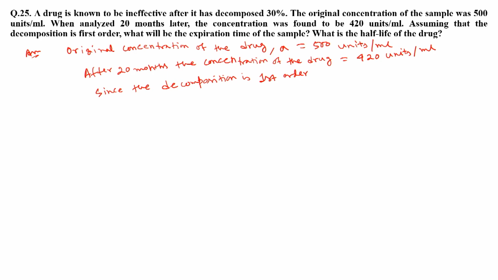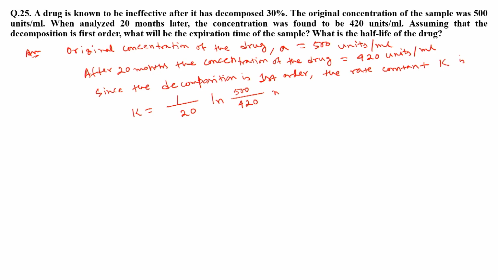So, we can write the rate constant K is 1 by t, where t is 20 months, times ln of 500 by 420.